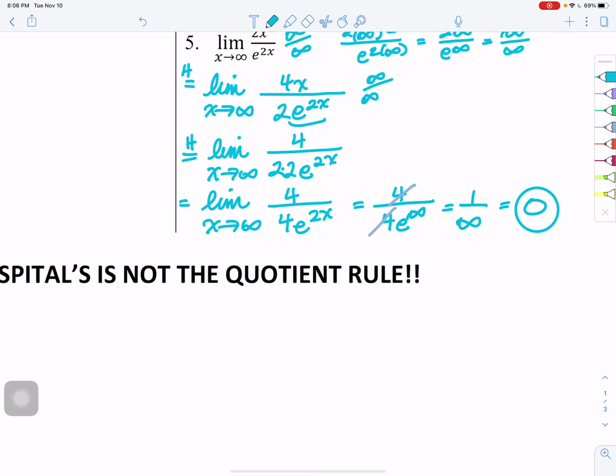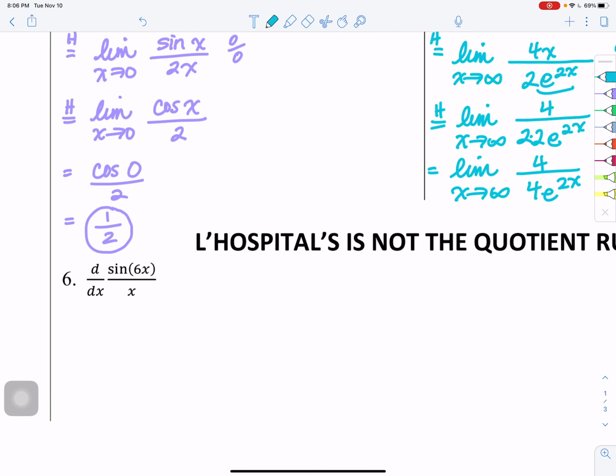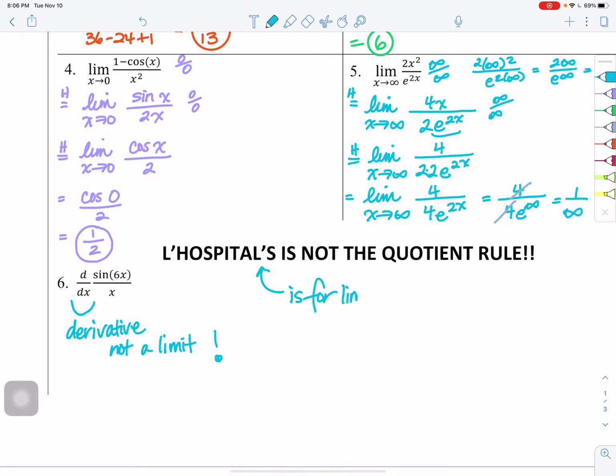Okay? So L'Hopital is really, really good, and it's fun. But you do have to be careful. You can get carried away. And I'm just going to tell you right now, this is a derivative, not a limit. L'Hopital's rule is for limits only.